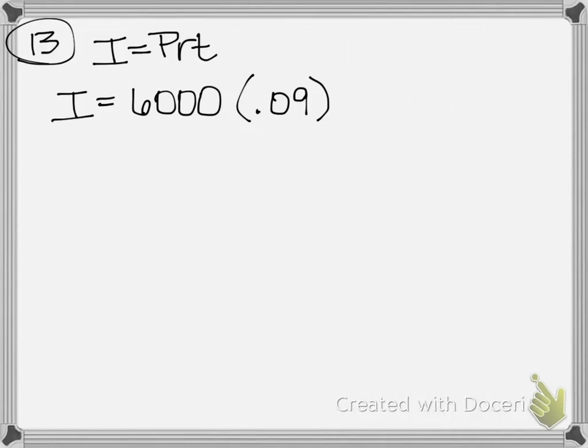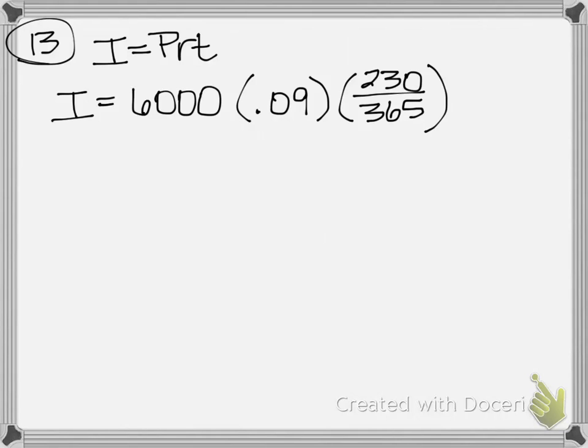But the T in the formula represents time in years. So how do we translate 230 days into years? Well, we treat it as a fraction, 230 over 365, since that's how many days are in a year. So this is how we would set up the problem. 6,000 times 0.09 times 230 over 365.